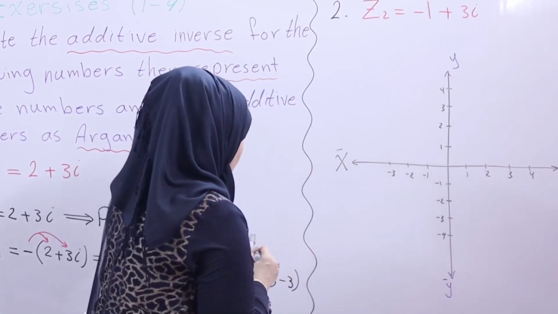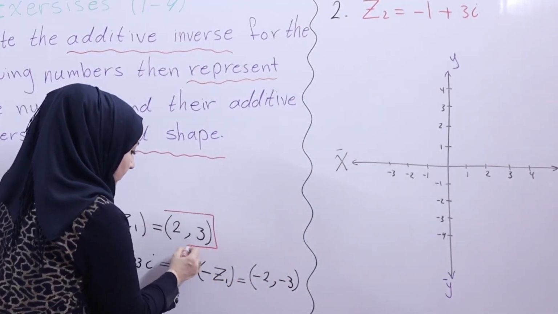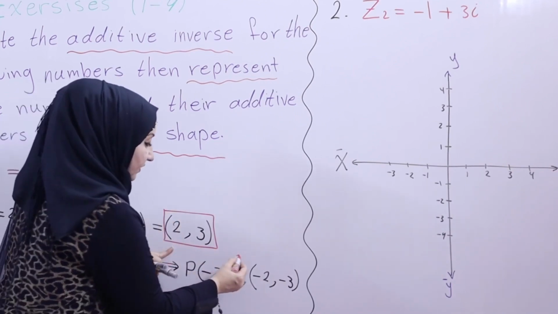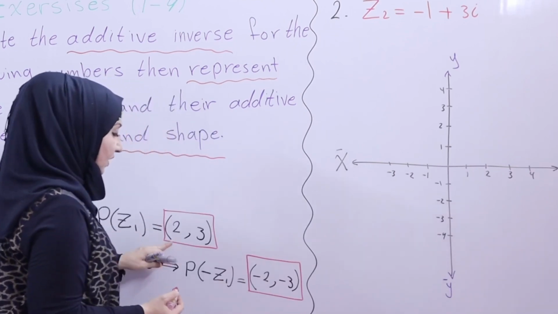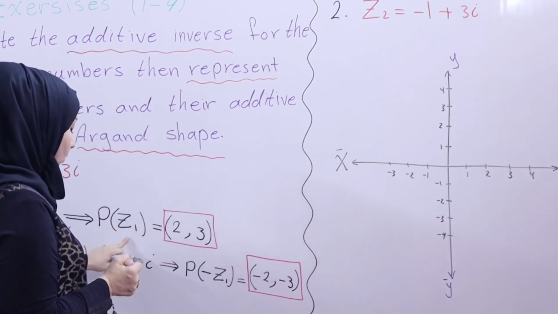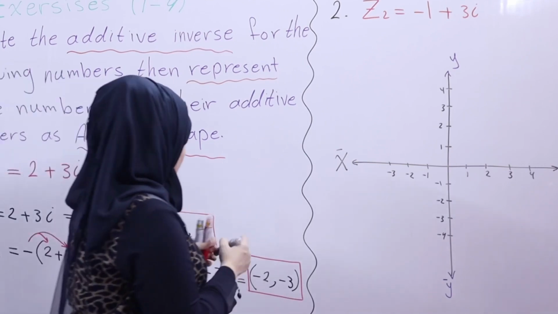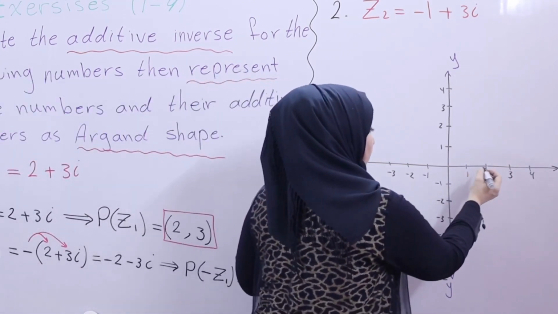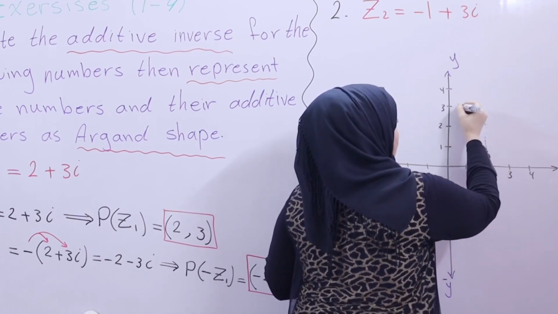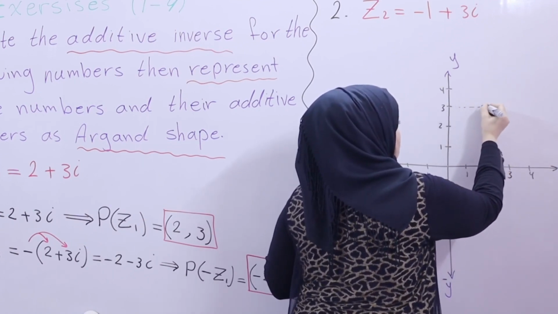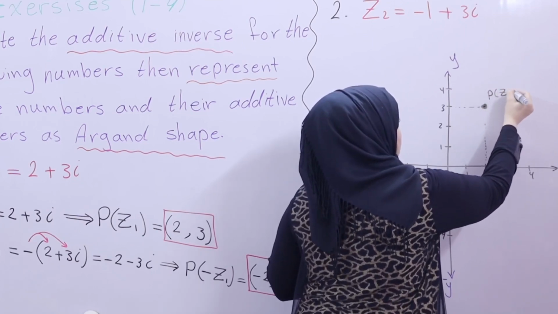So the two order pairs we want to represent are, this is the number which is given in the question, and this represents the additive inverse for it. So P of Z1, the point of Z1 will be (2, 3). 2 is the x coordinate, 3 is the y coordinate. So this point will represent the point of Z1.